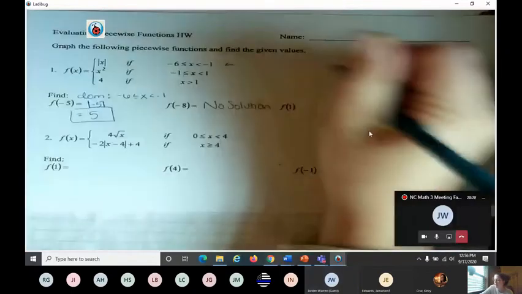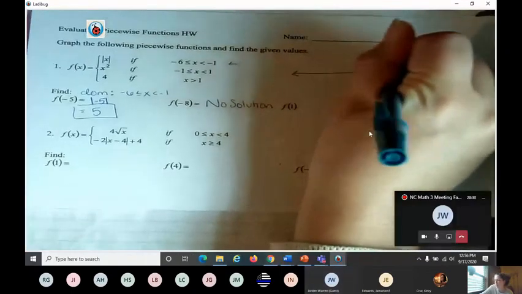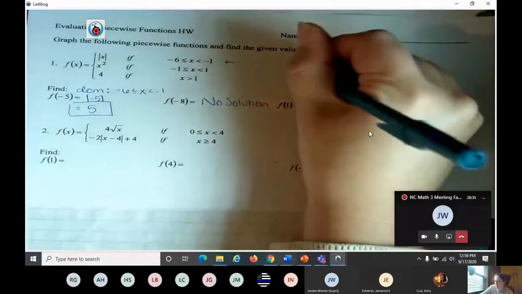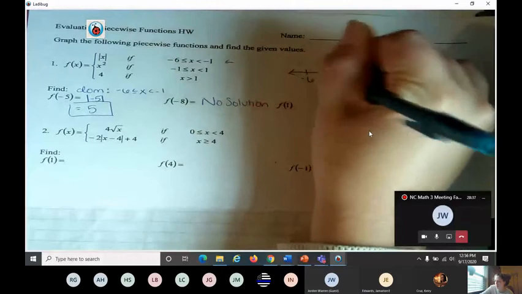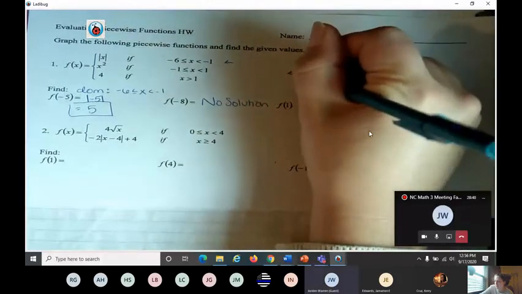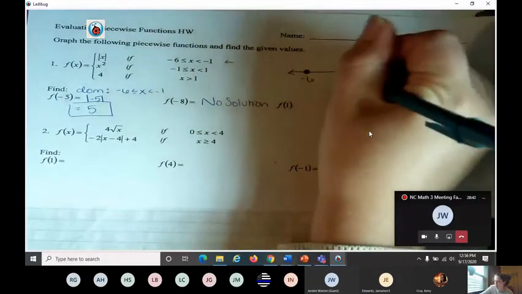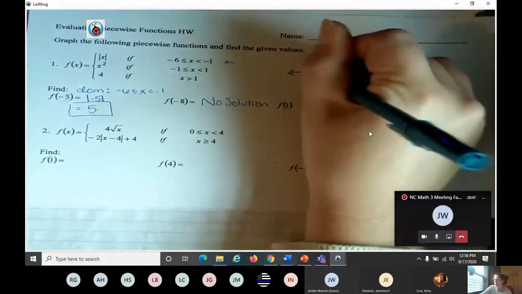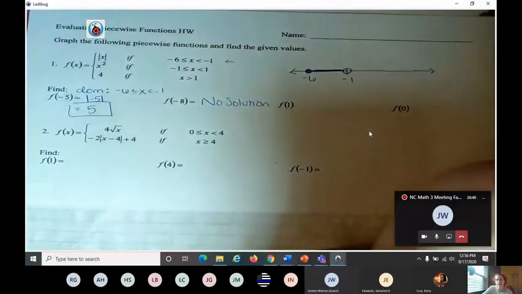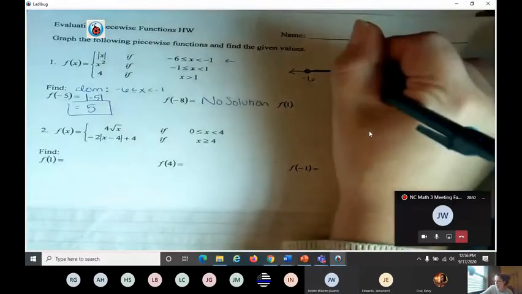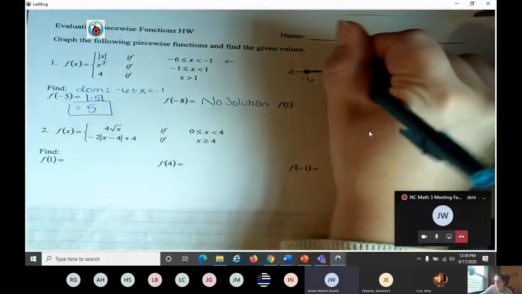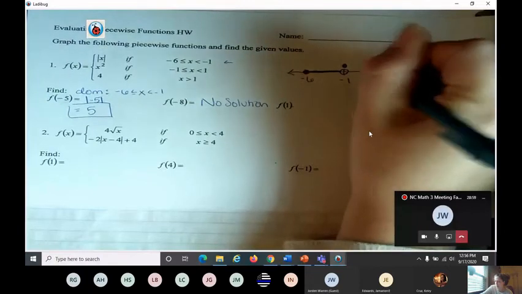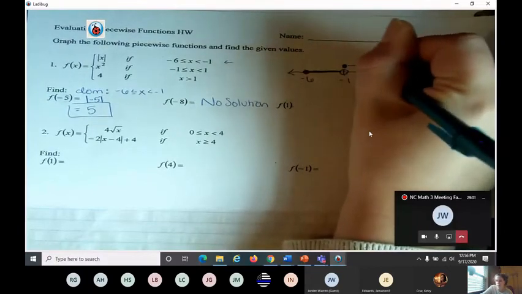So maybe it would be helpful if I drew out a number line of these domains. For this first one, it goes from -6 to -1, and it has a filled in circle and an open circle. Okay, so that's my first one. Then it goes from -1, and this one is a solid dot, to +1, and that one has an open circle.